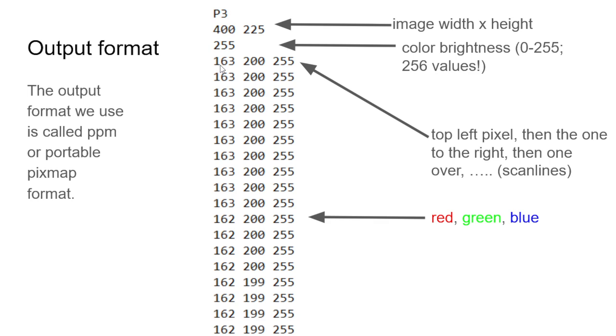And we have an R value here of 163, a green value of 200, and a blue value of 255, right? This is gonna be like scan lines, so we're gonna go, you can see my mouse, left to right, and then down one row, left to right, down one row, left to right, and that's pretty much it.